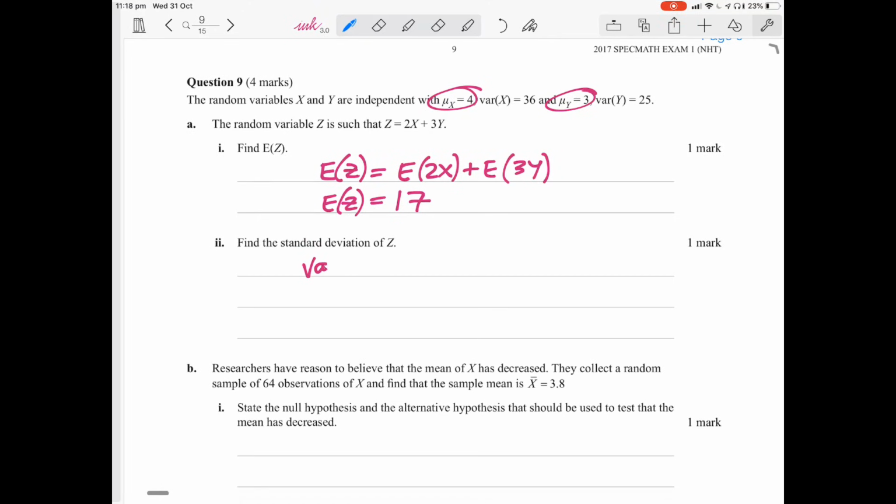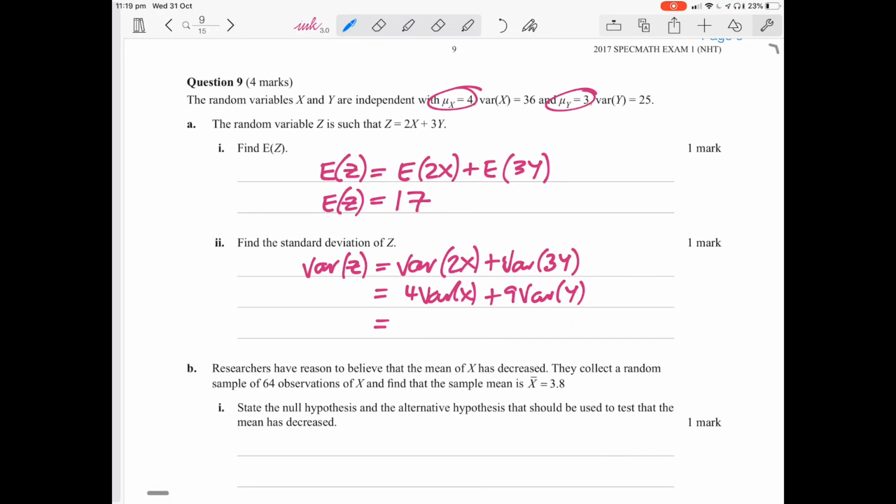My variance of z is going to be my variance of 2x plus my variance of 3y, which is 4 times my variance of x, plus 9 times my variance of y.